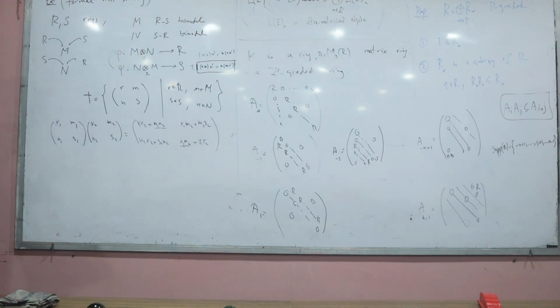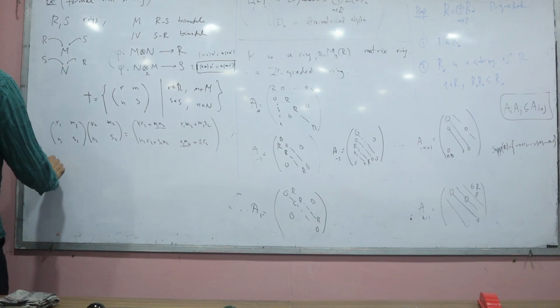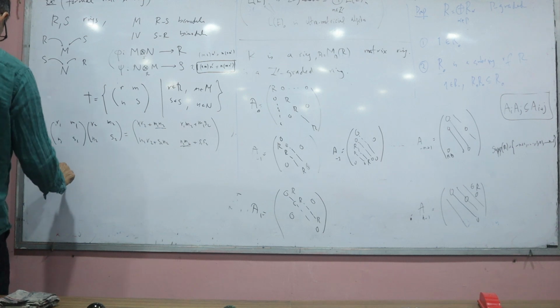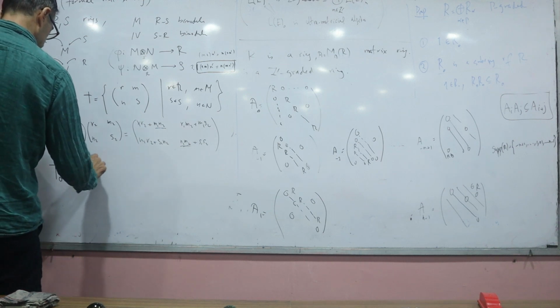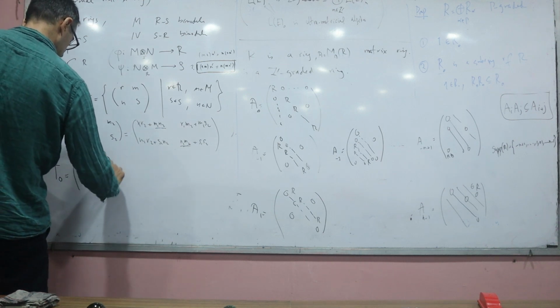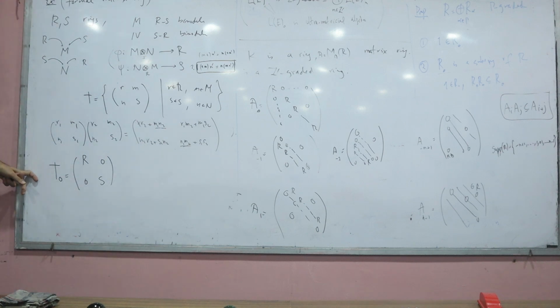All right, so now this is your ring. Now, with all this, it works. This becomes a ring. Now, it's a graded ring, so I have to tell you how I'm going to grade this. Here is one way to grade this. T0 is R00S. This is a ring. If you multiply two elements, still there.